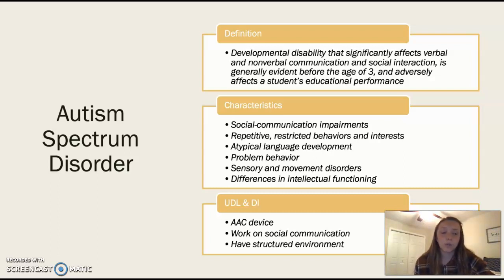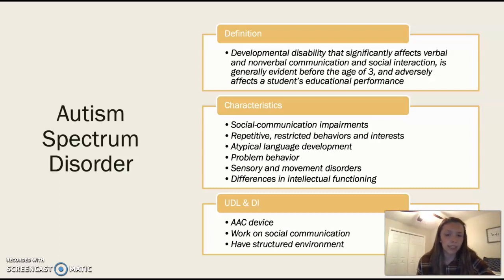The ones that speech and language pathologists would focus on most are social communication impairments, as well as atypical language development. It is important to help them learn their language so that they may express their needs in social communication outside of a classroom as well as not only just in a classroom.